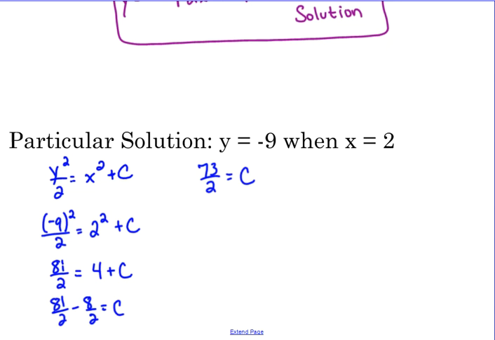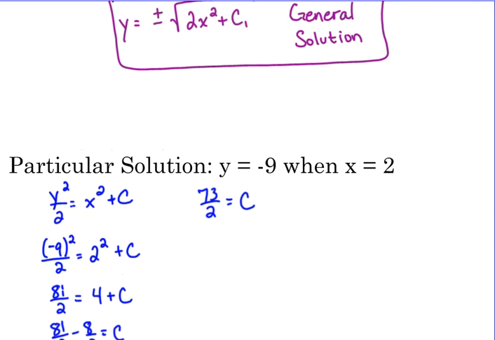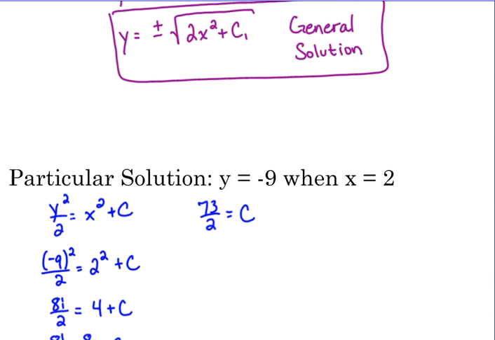Now, when you find that c, I always want you to check it. So when you plug it in and you say that this is my solution, when it comes to these square roots with an initial condition, you've got to decide: is it the positive square root or the negative square root?